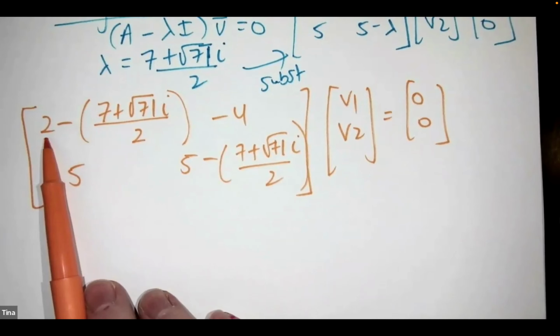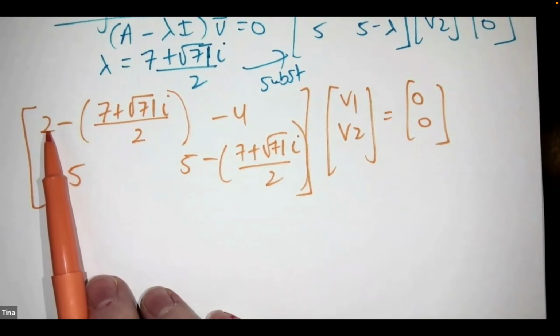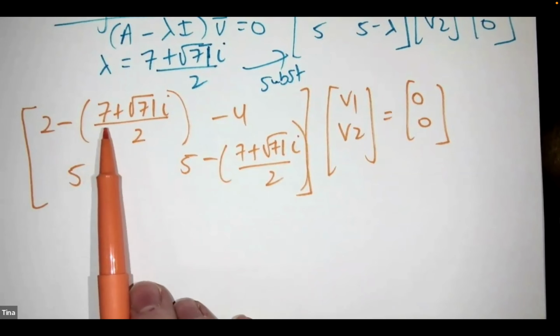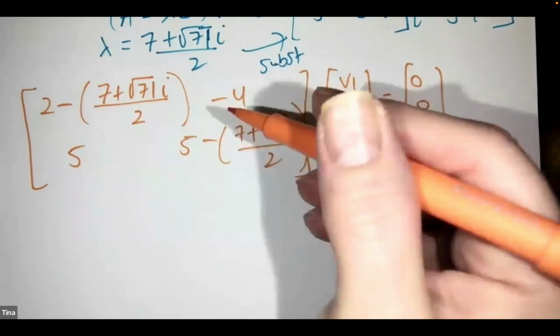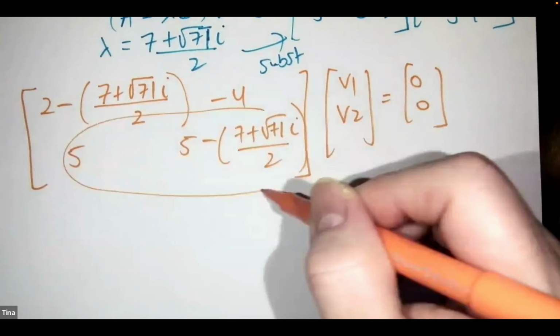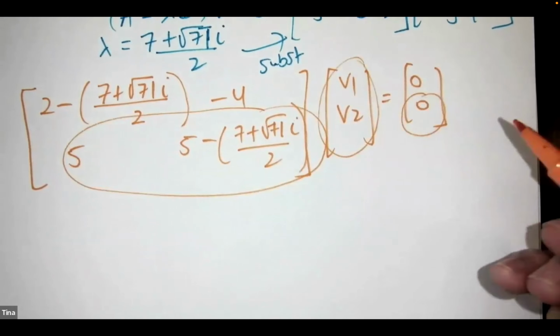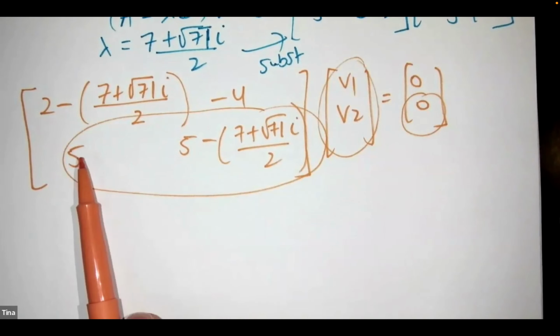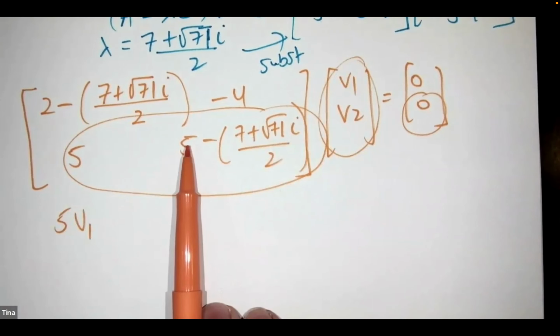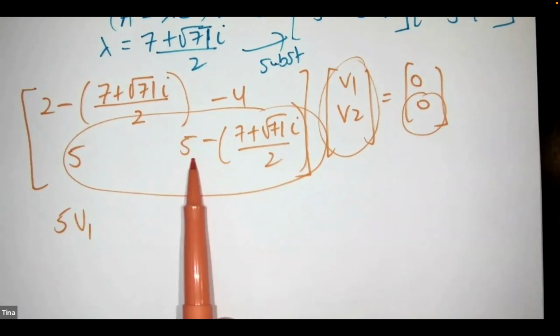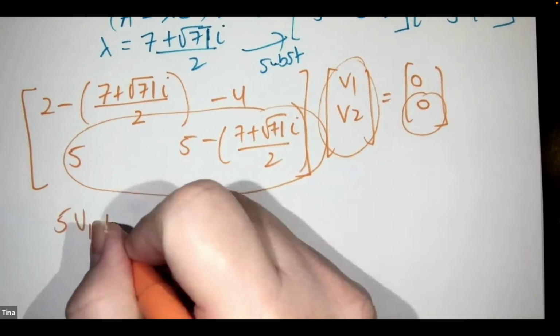So 2 minus this is still just 4 over 2 minus 7 over 2 there. I could just look at this row if I wanted, see if that's faster. 5 times v1, and then plus all of this times v2.